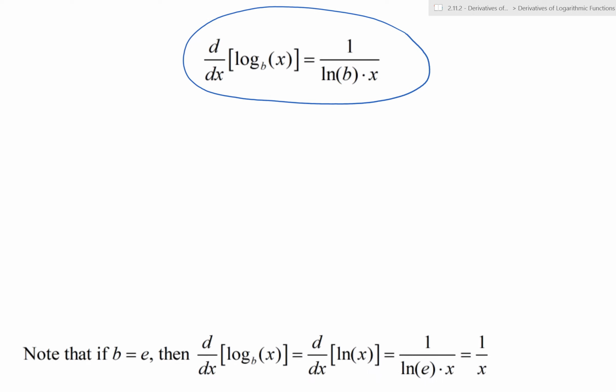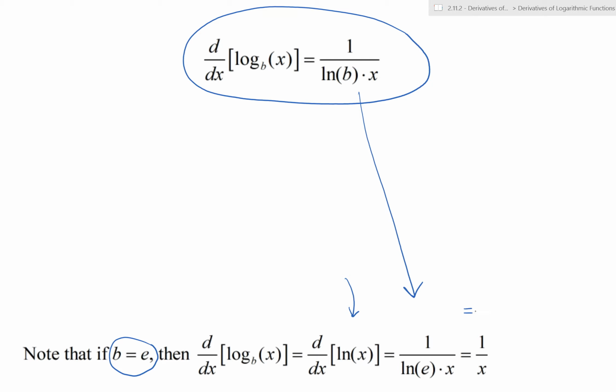Now, note the special case. If the base is e, then when I differentiate my logarithm, I'm really differentiating the natural logarithm. If I use this formula, it tells us that the derivative of the natural logarithmic function is 1 divided by the natural log of e times x, since e is the base, but of course the natural log of e is 1.